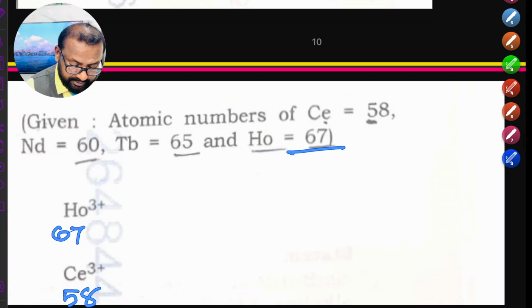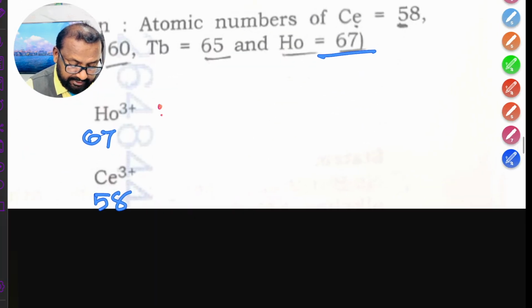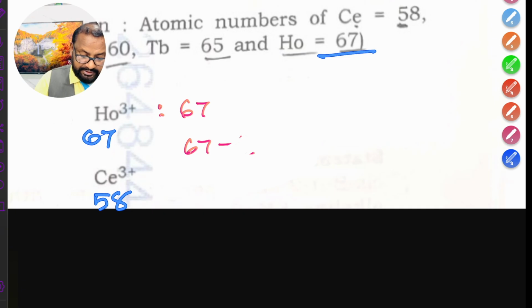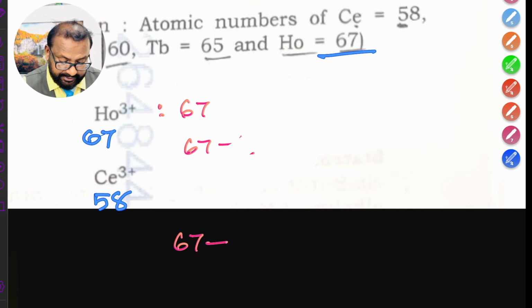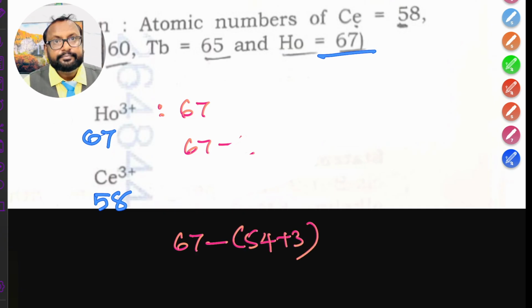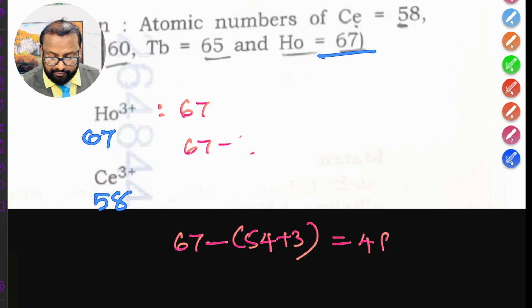Holmium's atomic number is 67. So it should be 67 minus 54 plus 3, so 67 minus 57, exactly 10. So 4f10.